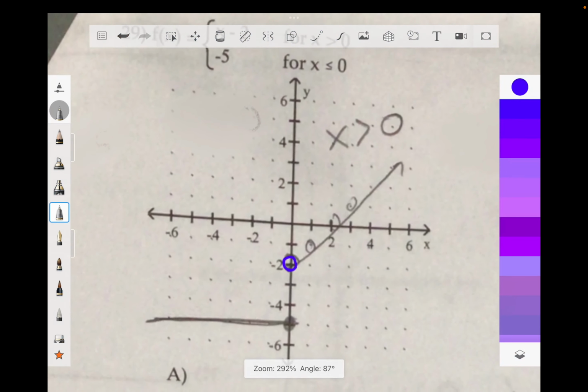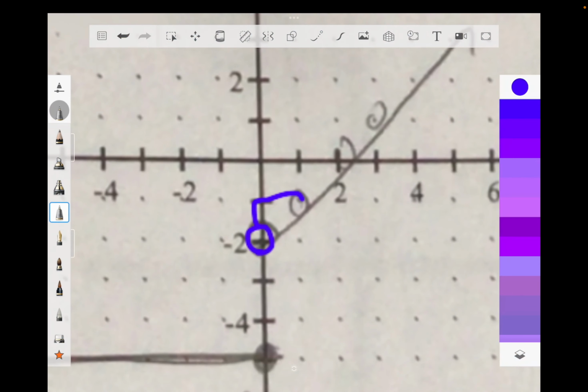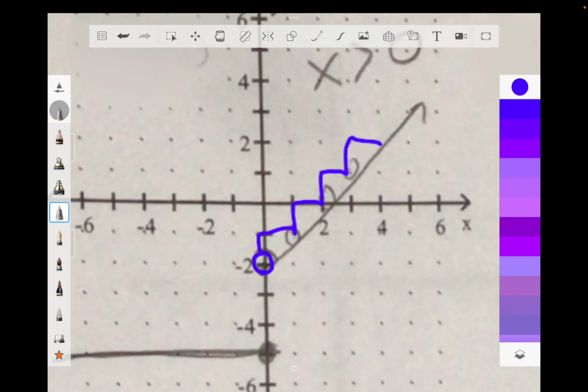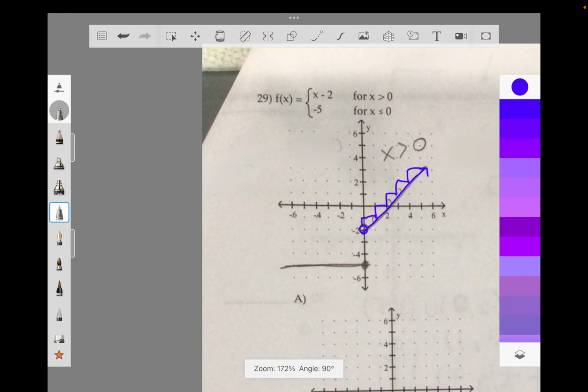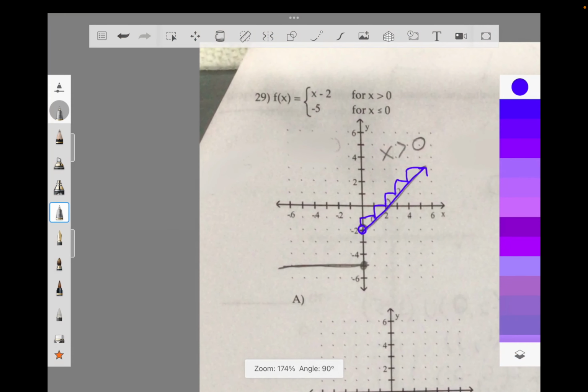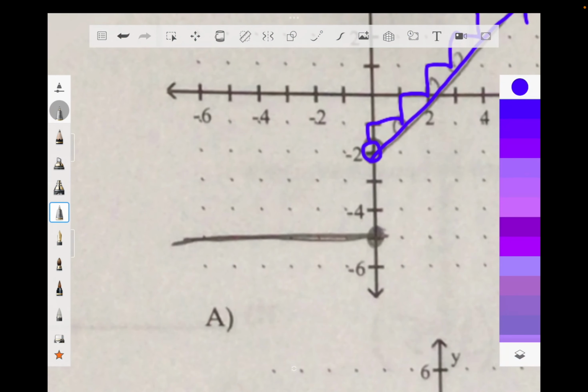And then we know our slope is just 1, so it's going to be up 1 over 1, up 1 over 1. So it's going to be that straight line here. And then when x is less than or equal to 0, it's going to be 5, which again you can see right here that you already did it. It's going to be a straight line that way.